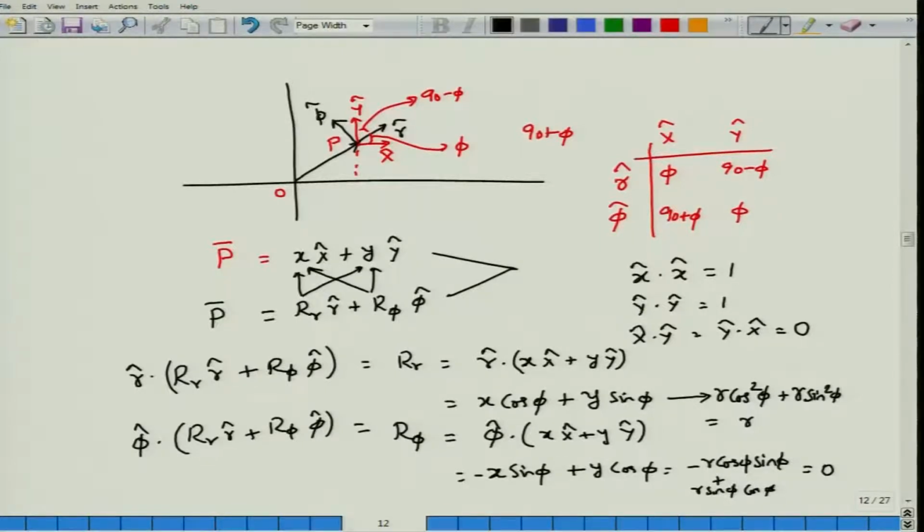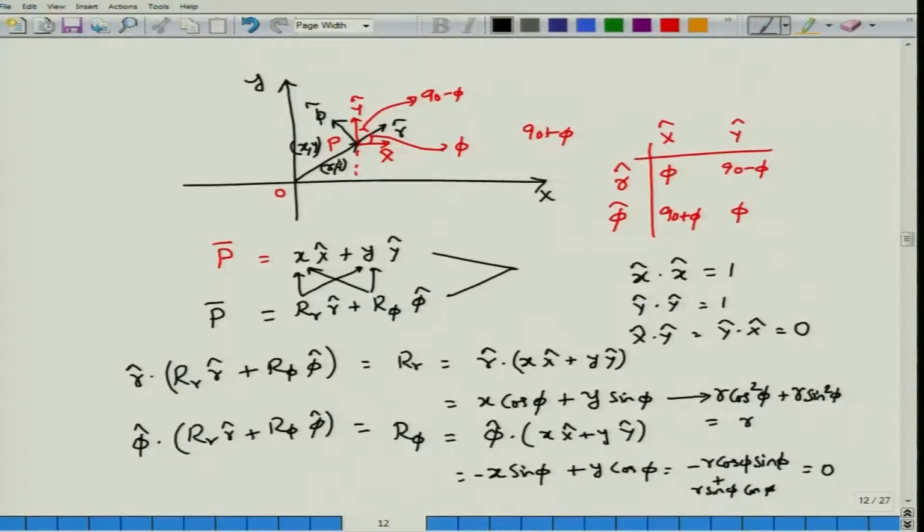So what we have just found out is that if I go back to this picture that I have, x and y is the plane that we had considered, and we were considering the position vector of P. In Cartesian coordinates, the position vector was given by x x hat plus y y hat, because this point P is described by the points x and y coordinates in the Cartesian coordinate system. But the same point P is described in terms of r and phi.